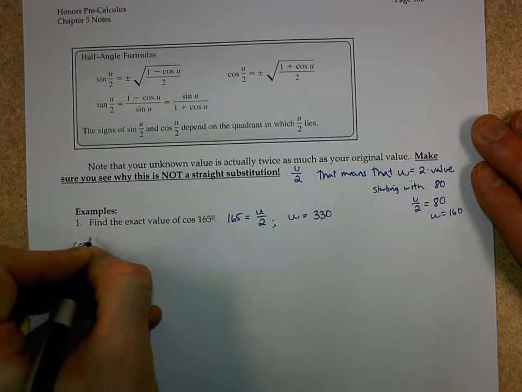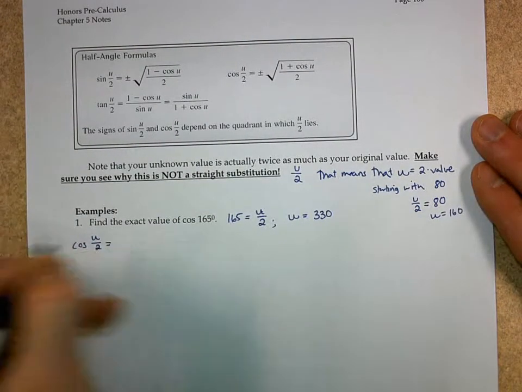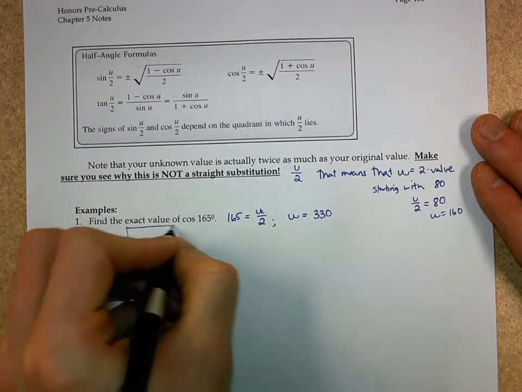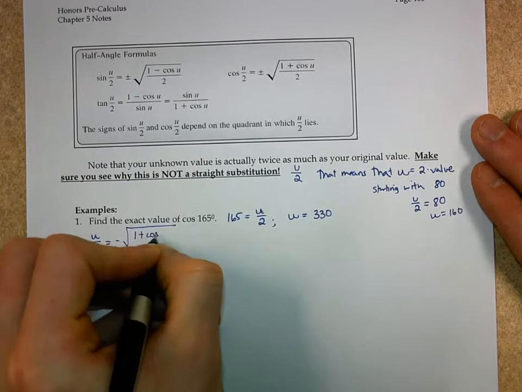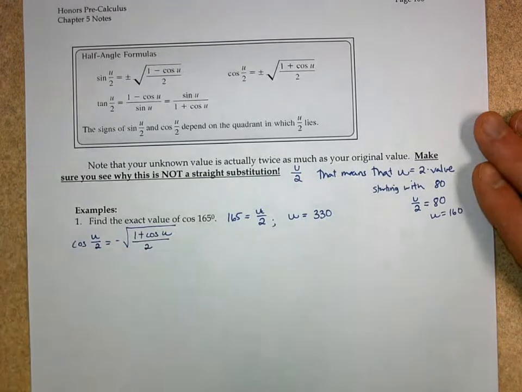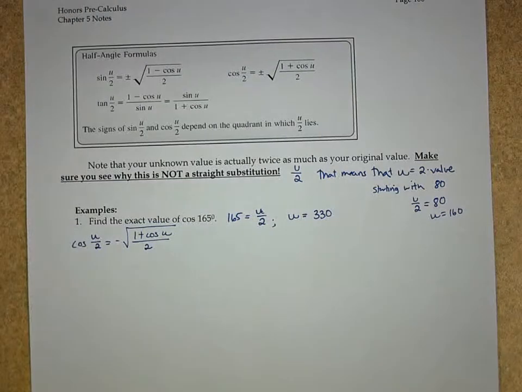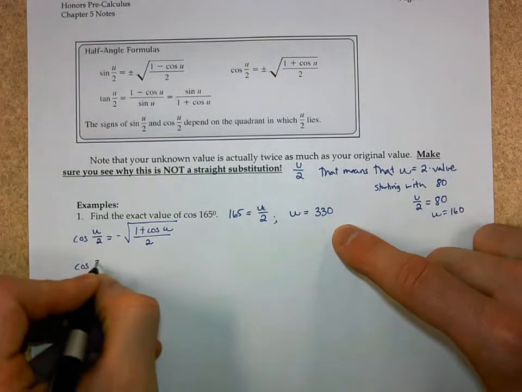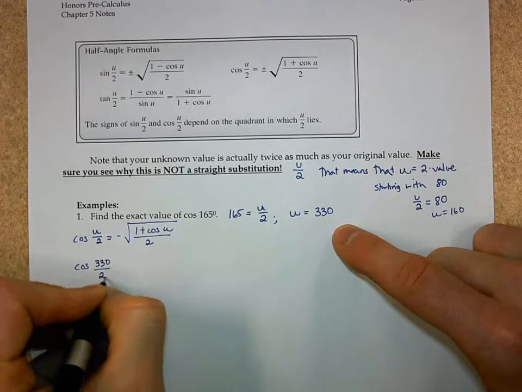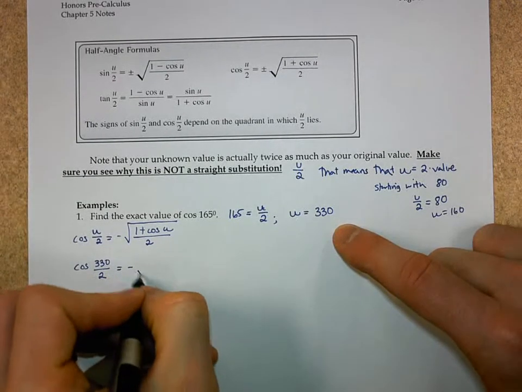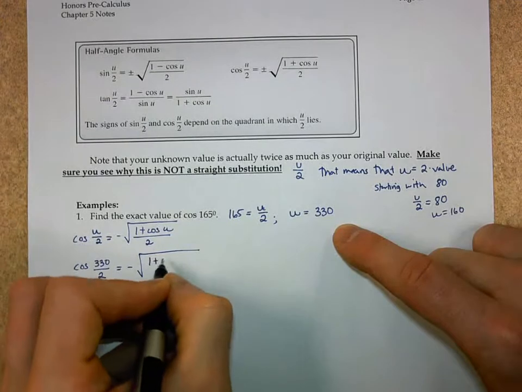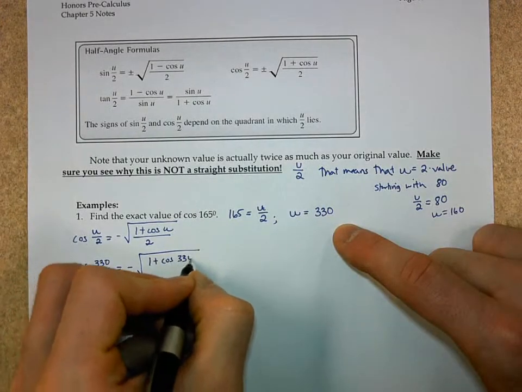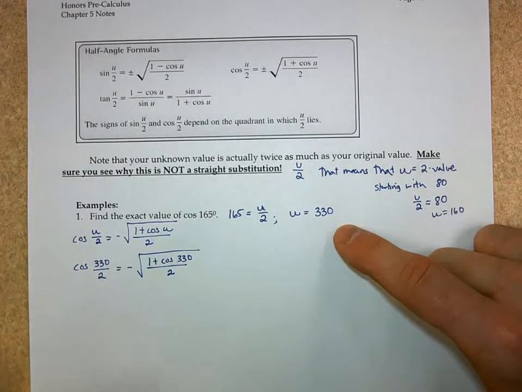So here, the cosine of u over 2 is going to be negative square root of 1 plus the cosine of u over 2. We know that u is going to be 330. So the cosine of 330 over 2 equals negative square root 1 plus the cosine of 330 over 2.